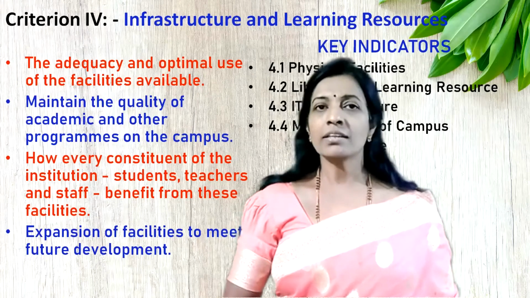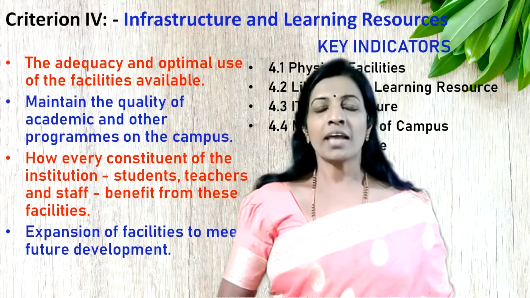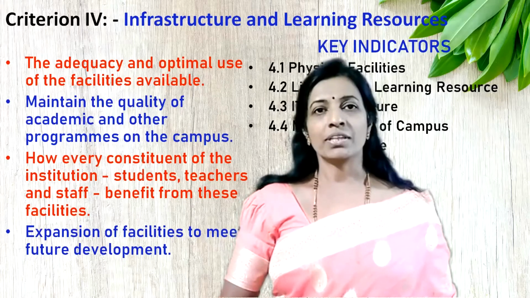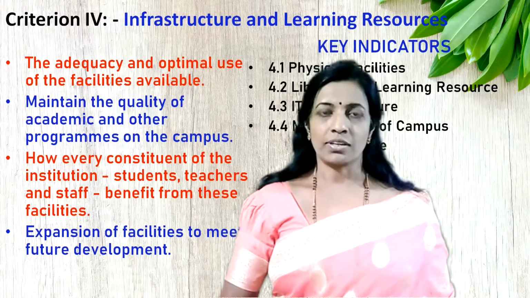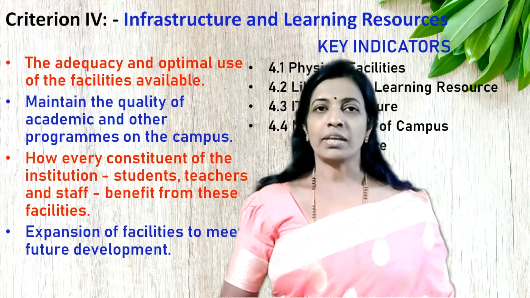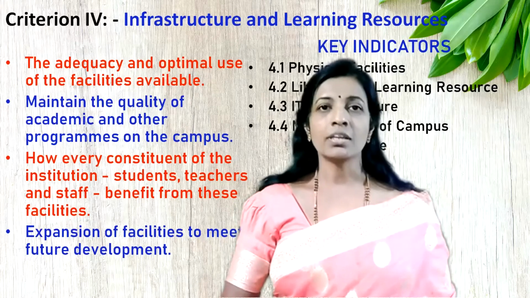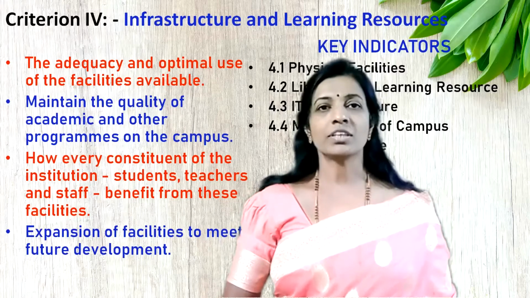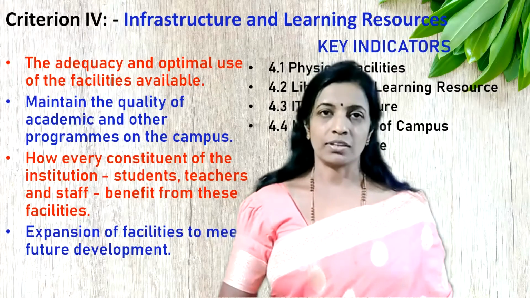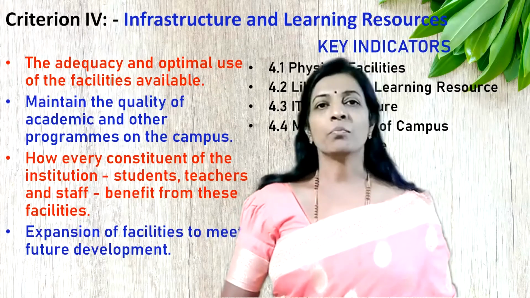Therefore, under the fourth criteria, NAAC tries to assess whether these higher education institutions are providing the faculty and the staff with the basic infrastructure and whether the infrastructure which is available in the education institution is being put to maximum and optimum use.